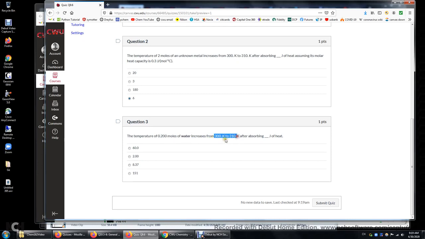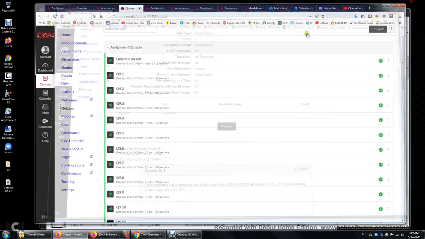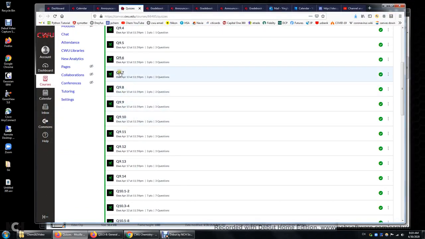Times 10 Kelvin, that's 36. And then times the specific heat capacity of water, which is 4.184 joule per gram per degree Celsius. So again, 3.6 times 10 times 4.184. It's roughly 151. 3 out of 3. Number 7.